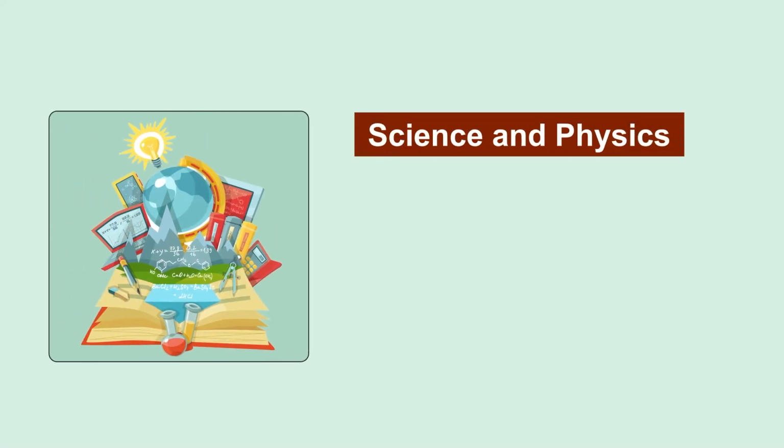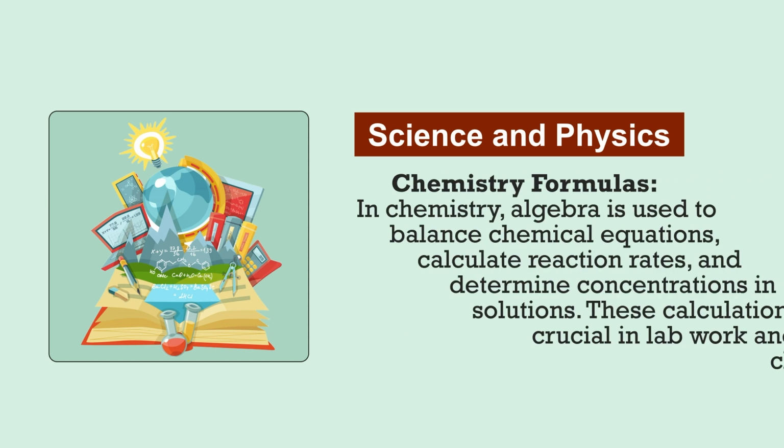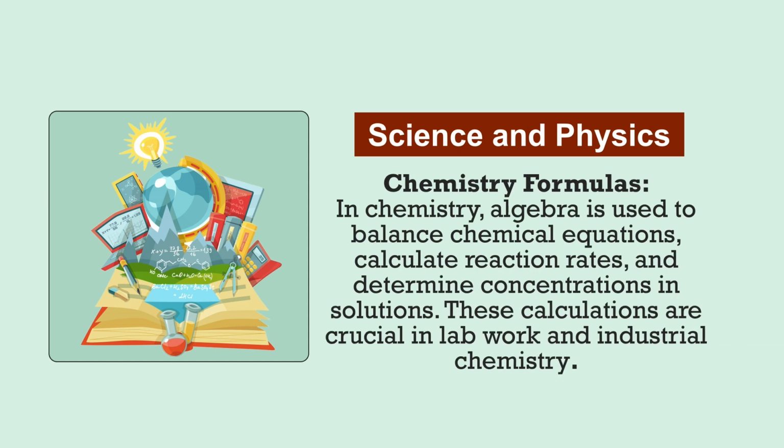In science and physics, all of us who studied physics, even at the 9th or 10th level, went through the equations of motion, went through the calculation of force, and balanced chemistry equations, wherein algebra came into the picture.